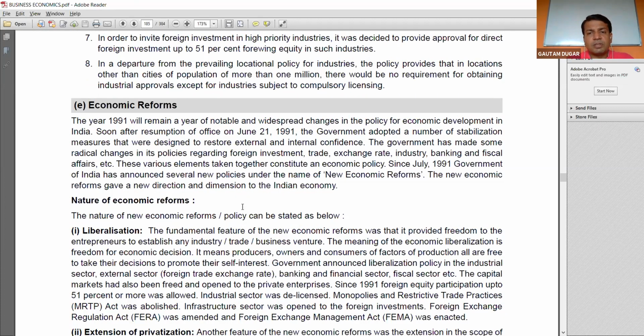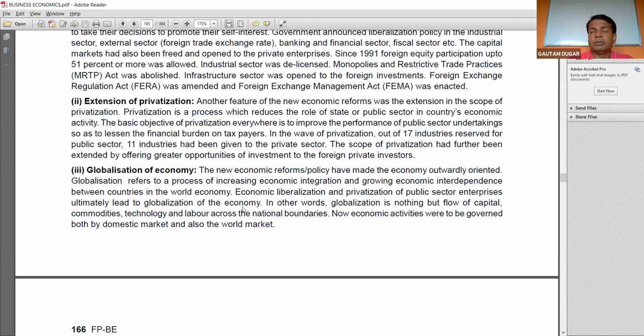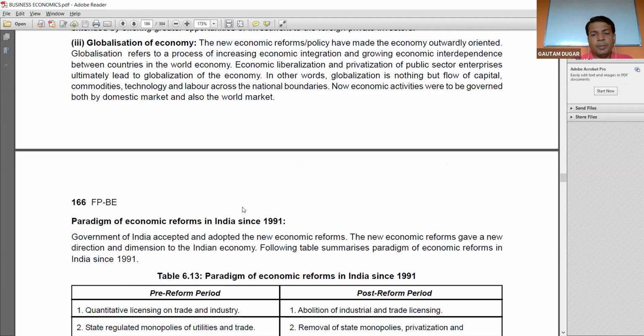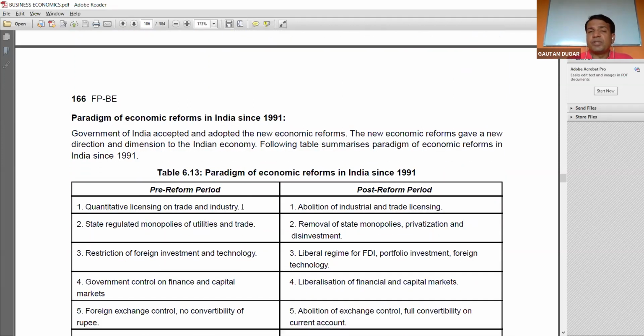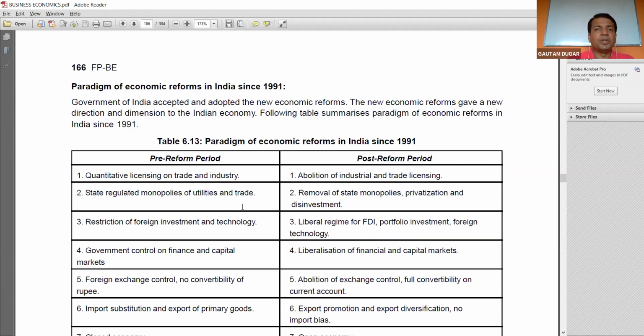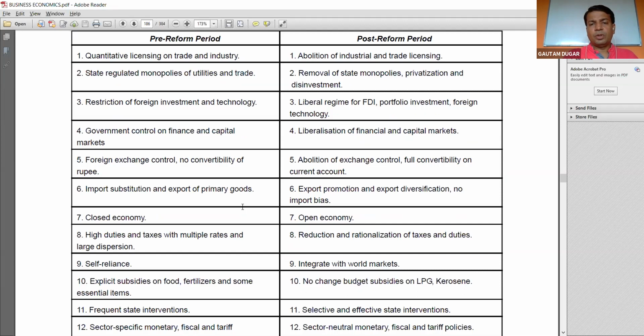Economic reforms are a byproduct of the new industrial policy, liberalization, privatization, and globalization. Globalization means opening of the economy to the world economy. Imports and exports were liberalized. Import duties were cut down. Tariffs and quotas were cut down to a great extent.